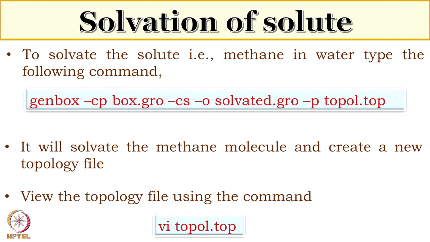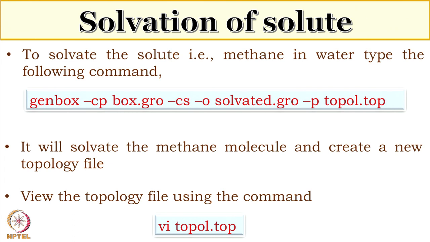So it will add the solvent from spc.gro, and then it will create my output file, that is solvated.gro, and it will also modify my topology file. Initially in my topology file, I will only have the coordinates of methane, the force field parameters of the methane molecule, but now since I also have water molecules, it will add water molecules in my topology file. As we have already seen in case of S-peptide also, it modifies the topology file, right?